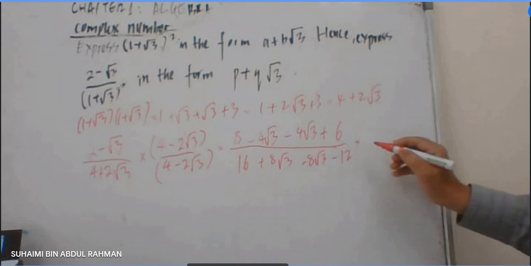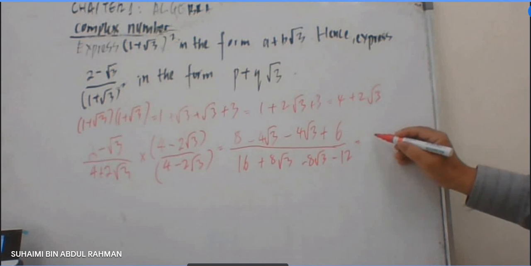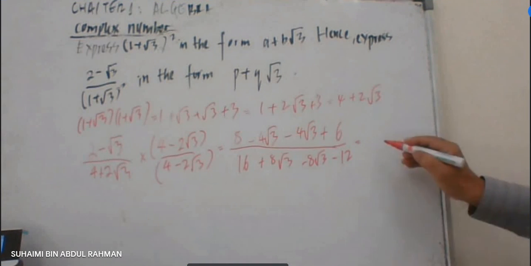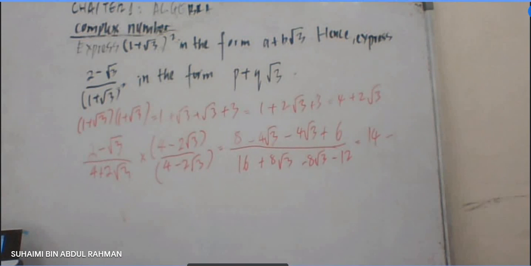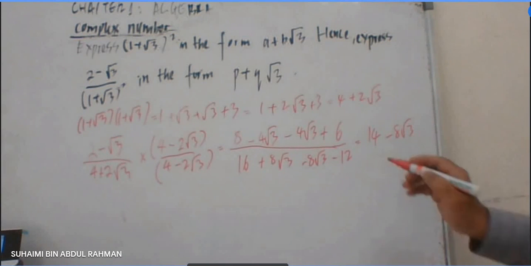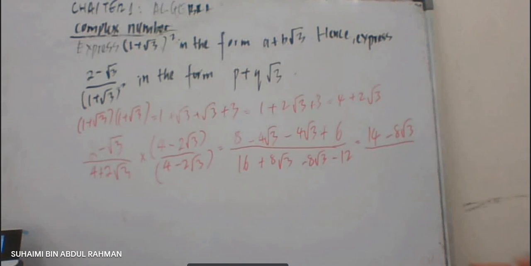So what do we have here? 14 minus 8 square root of 3, divided by 4.